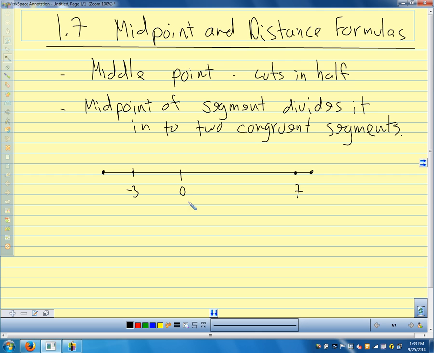How do we figure out what the midpoint on that segment is? So let's do this. 1, 2, 3. And I'm going to move this over.